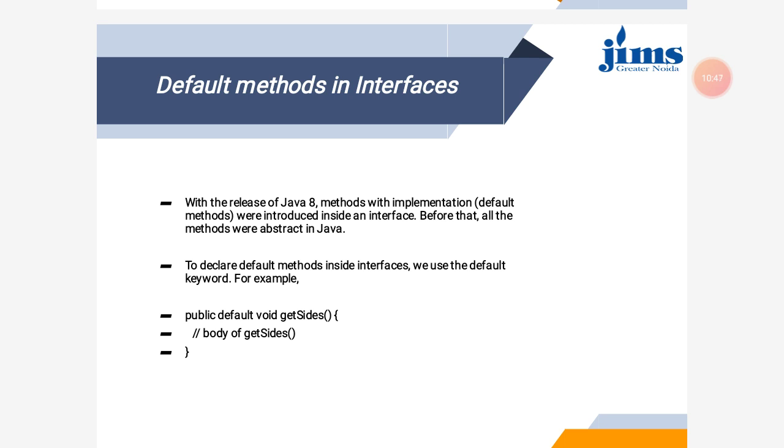And how are default methods different from abstract methods? The default keyword is mandatory here, and once we mention the default keyword, then we can give a body to any method. So in this slide there is one method getSides, and default has been mentioned, so this method becomes a default method.